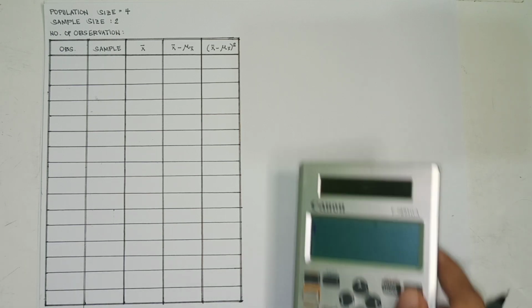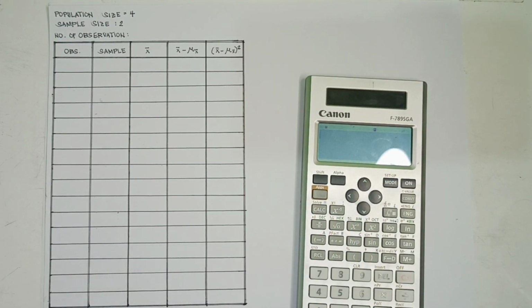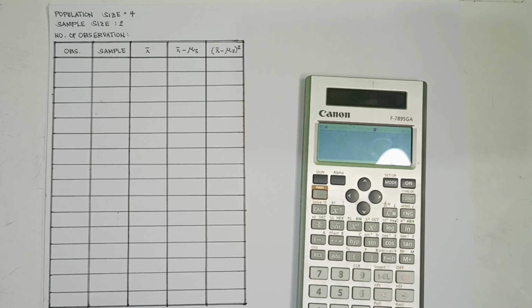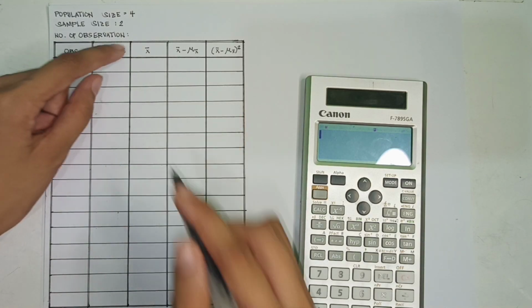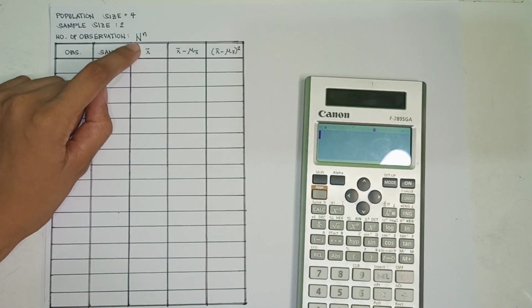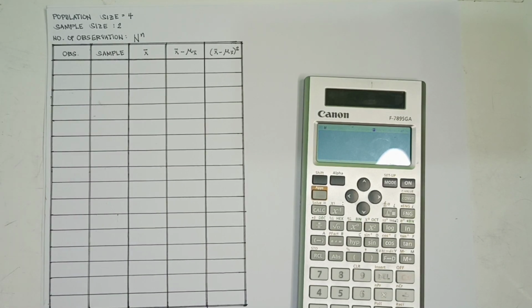Okay, so when we draw with replacement, to find the number of samples that you will put here, we have N raised to n. Capital letter N raised to small letter n.